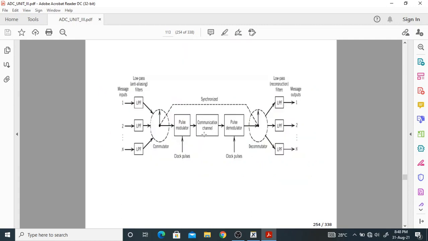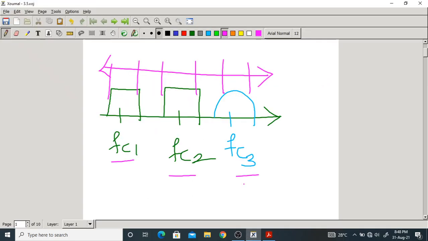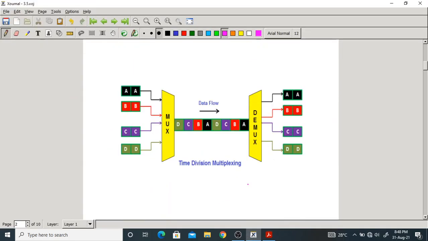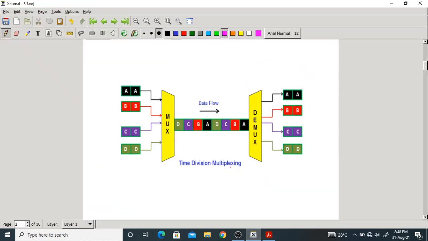I will let you know this later. Now, how does it happen? Let us take this example. Here we have 4 users, 1, 2, 3, 4. They are transmitted along the same channel at the same frequency, but at different times.